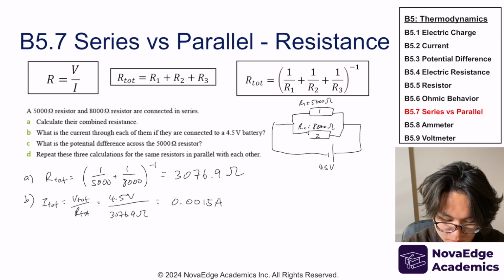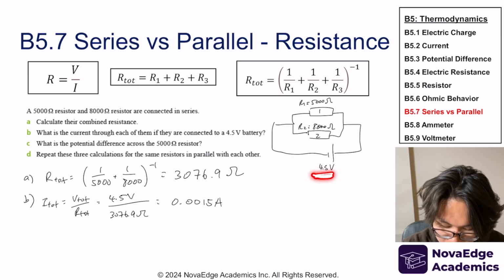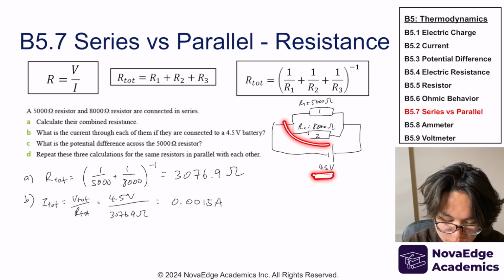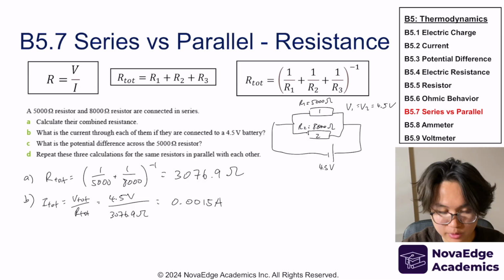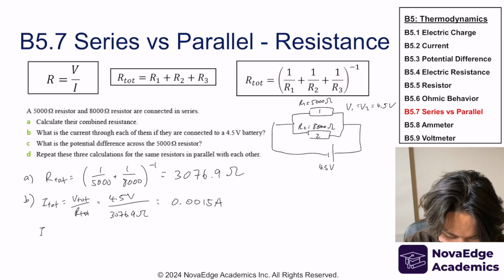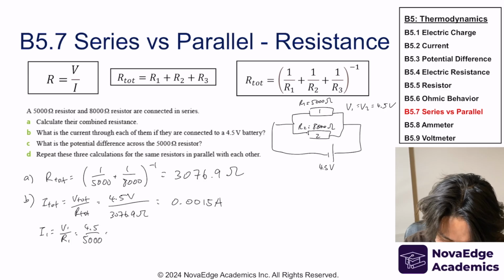So another piece of information we know is that V total is 4.5. And we know in parallel, V1 is equal to V2. And it's equal to 4.5, right? So if I know V1 and R1, can I find I1? Yes, I can. So I1 is equal to V1 over R1. 9 times 10 to the power of negative 4 amps.